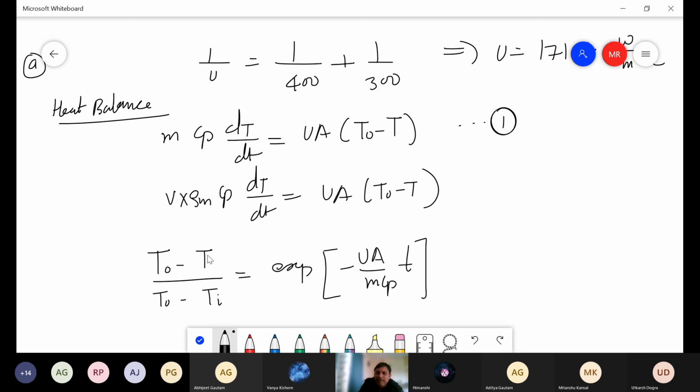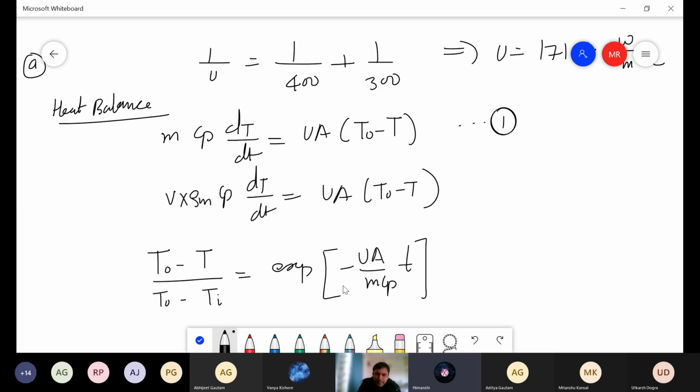Correct. And the right hand side we will have UA by MCp times dt. After integration you will get a log term, so that log you can take on the right hand side, it will become exponential. Does it make sense to everyone?